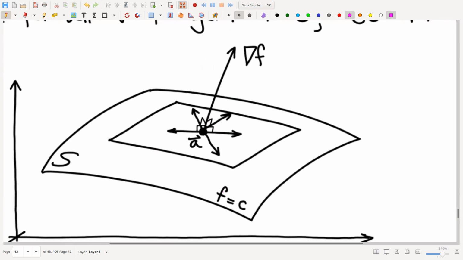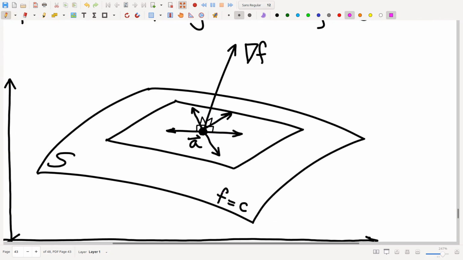If you have a gradient vector, this is a better drawing here. If you have a gradient vector that's perpendicular to every one of these tangent vectors, perpendicular to every tangent vector, then it's perpendicular to the surface. And that's the really cool fact.